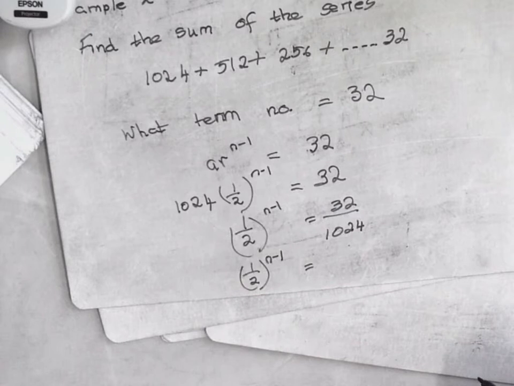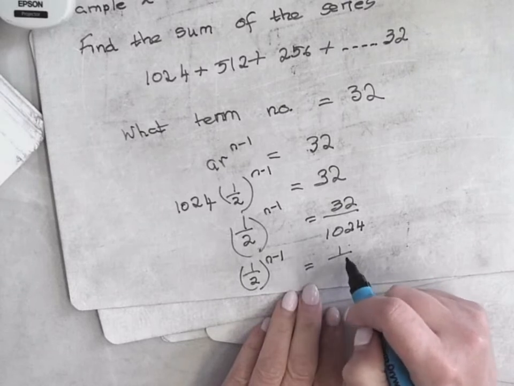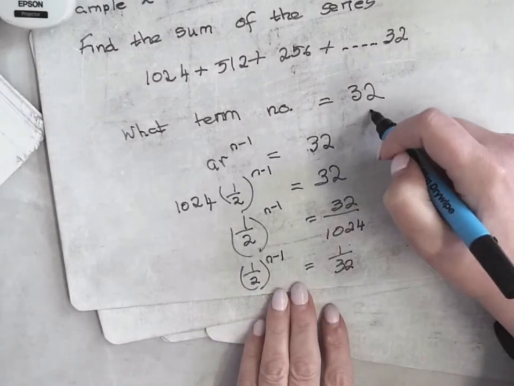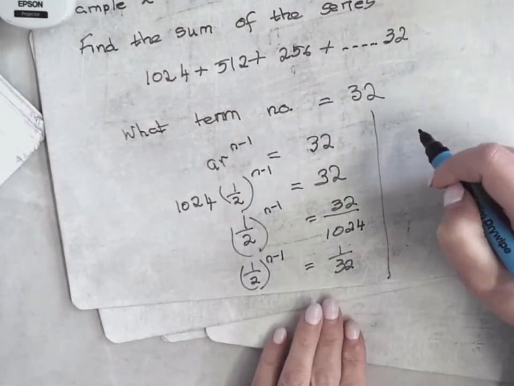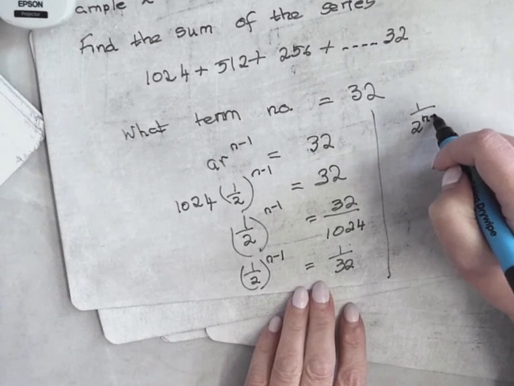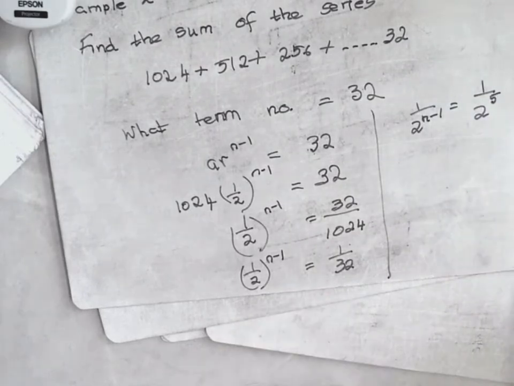What would that be? Will someone do it on the calculator for me? Because 1 over 32, I'd say, is it? 1 over 32? Right. So that's 1 all over 2 to the power of n minus 1 equals 1 all over 2 to the power of 5. Right?